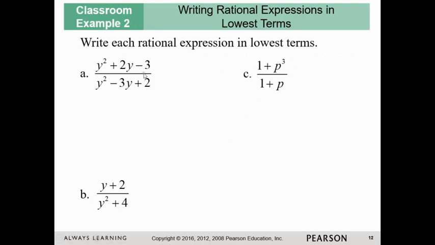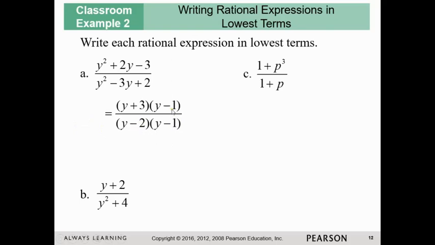So remember, the first step is to factor the numerator and the denominator. And we've talked about how to factor these things before. So if we look at this, let's go ahead and factor this. So we factored the numerator and we factored the denominator. Notice we have a common term in both the numerator and the denominator.